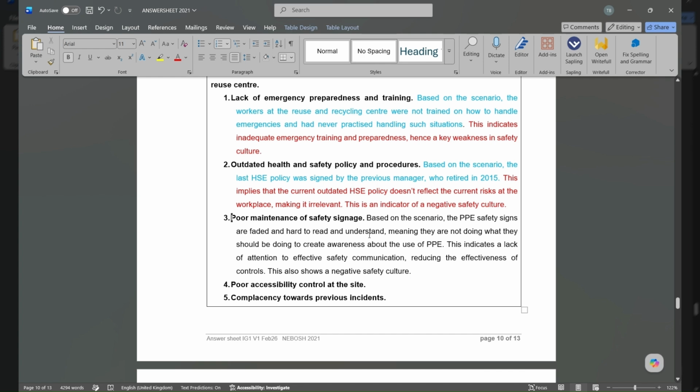This indicates a lack of attention to effective safety communication, reducing the effectiveness of controls. This also shows a negative safety culture. Again, giving the examiner a complete point with an explanation while linking it to the scenario is just enough for him to give you a complete mark without having any queries at the back of his mind.